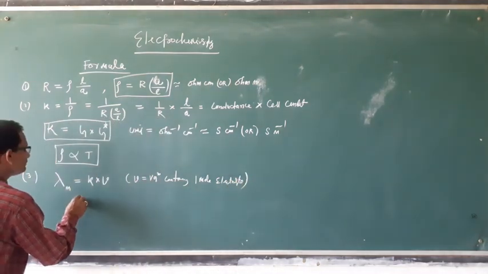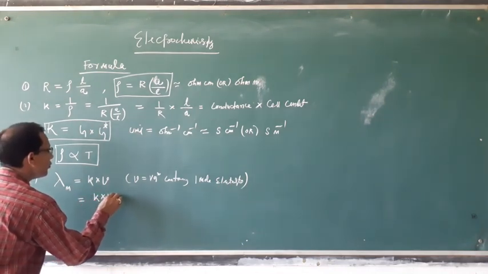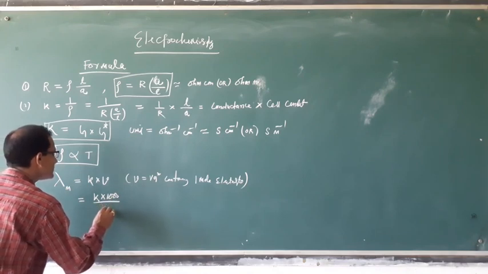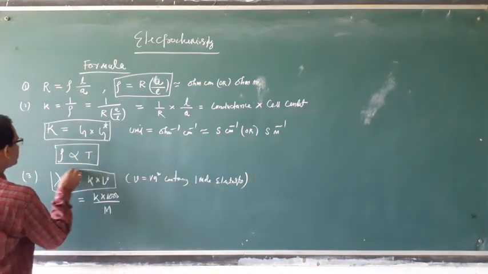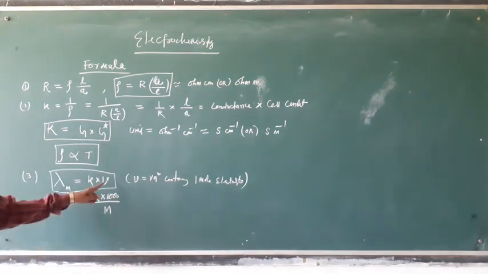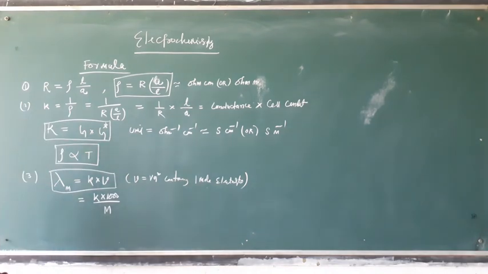This equation is equal to kappa into 1000 by capital M. This formula means the volume of solution containing 1 mole of electrolyte.